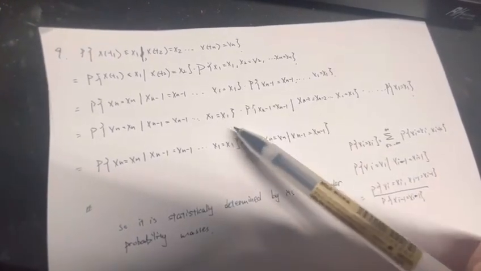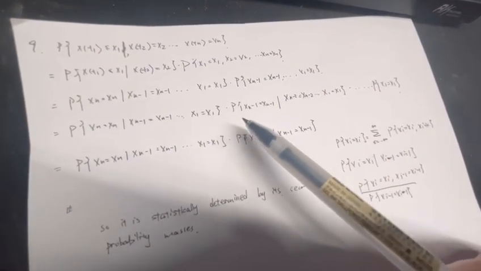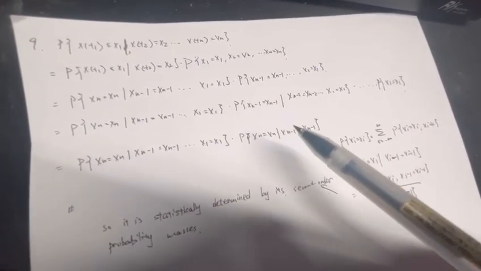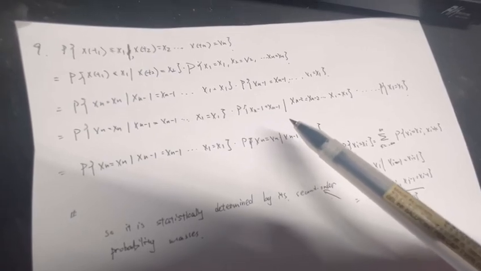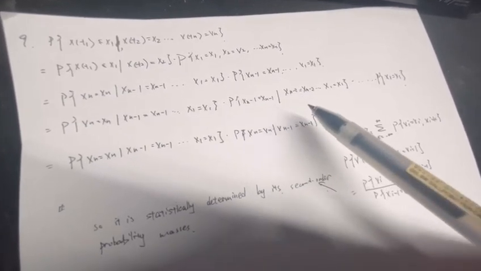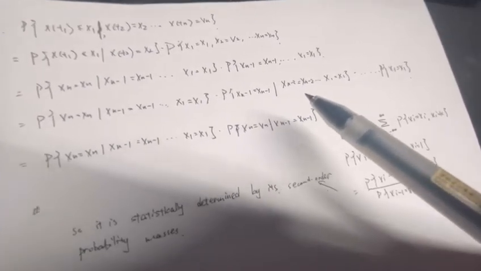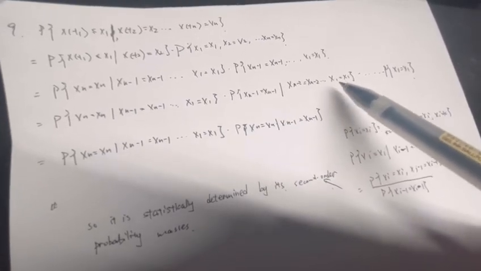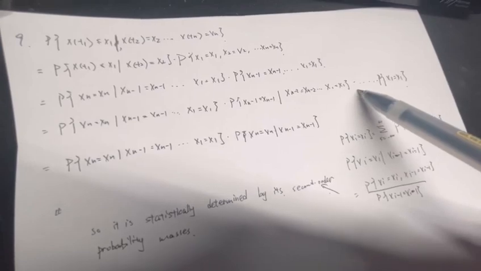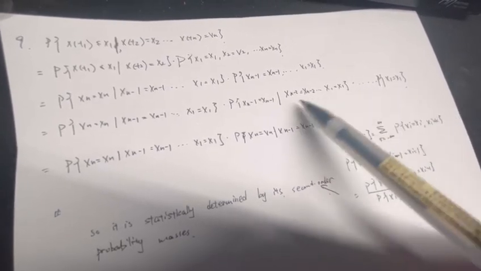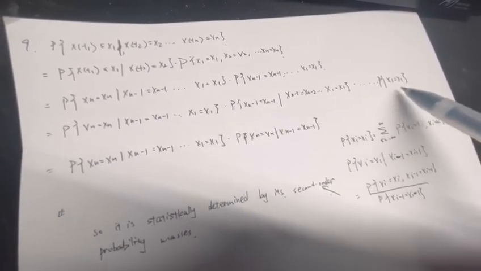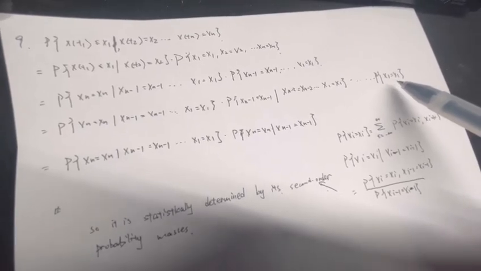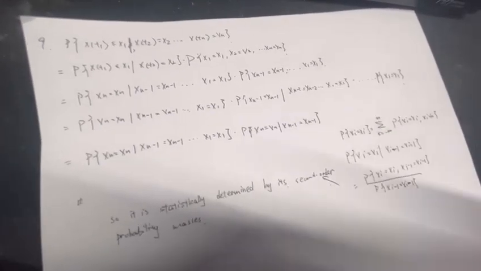So the first part stays the same, and the second part turns to the probability of Xn minus 1 equals xn minus 1 under the condition that Xn minus 2 equals xn minus 2 to X1 equals x1, and times the same form right here onto the probability of X1 equals x1.